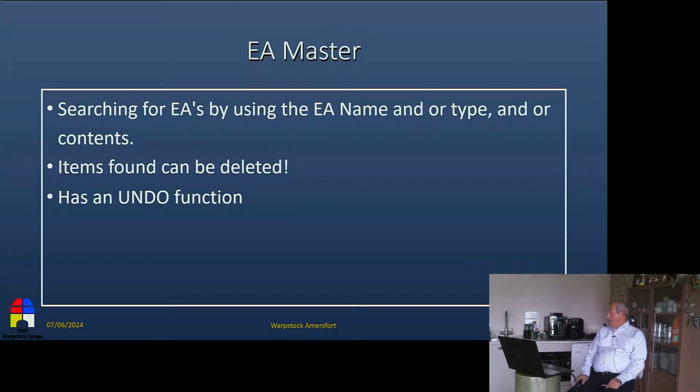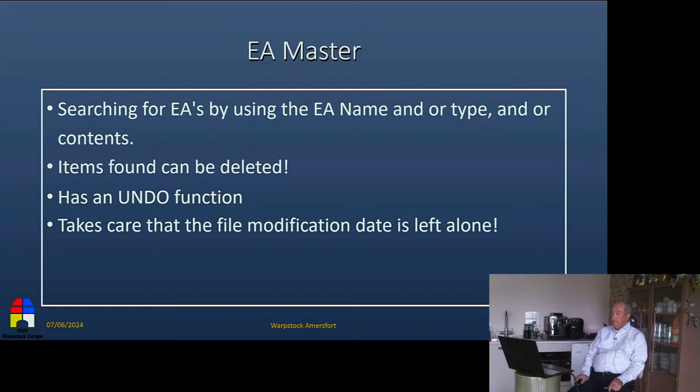It also has an undo function, limited to a certain amount because otherwise you just have to file too much information. So within reason, if you change anything, you can correct it. We said yesterday that if you change an EA, the file date changes.